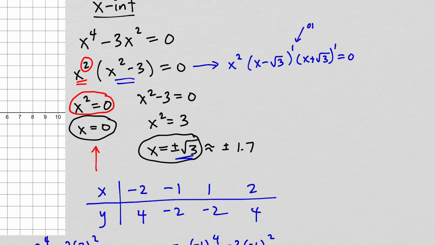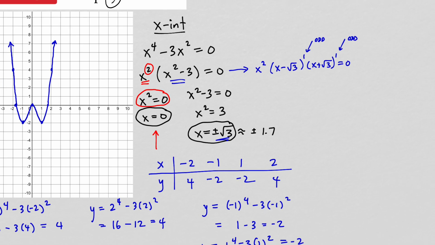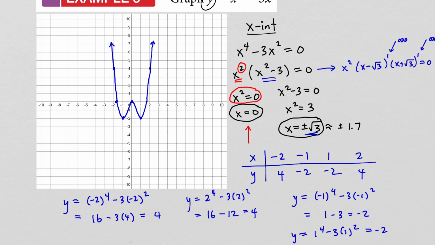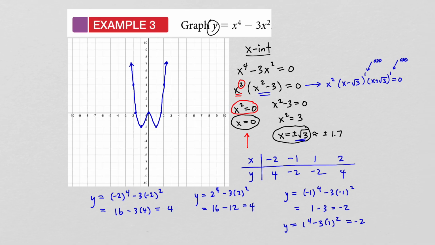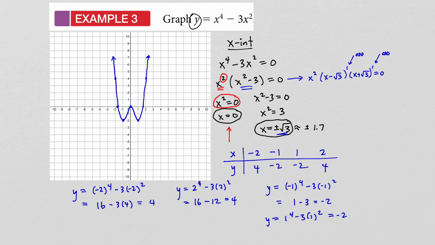So when the power is odd, whatever x-intercept, whatever zero of the polynomial is coming from that factor, it's going to completely pass through the x-axis. But if the power is even, it's just going to touch the x-axis and turn around. So that's how we know the difference between the behaviors of the various types of x-intercepts.